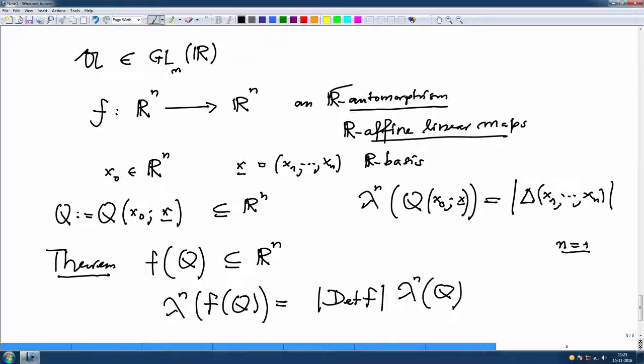Again I will not prove this; it is a similar proof to the earlier one.